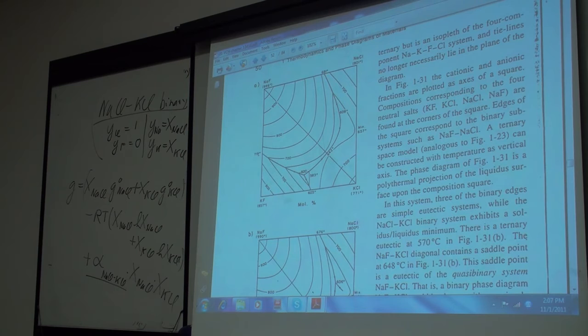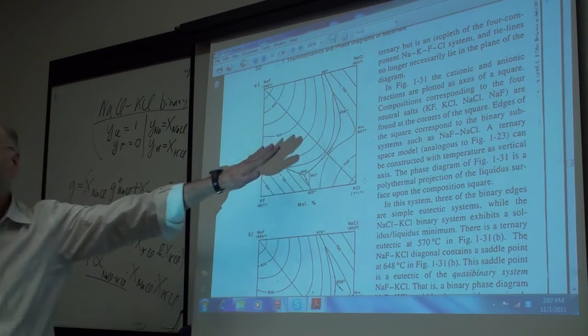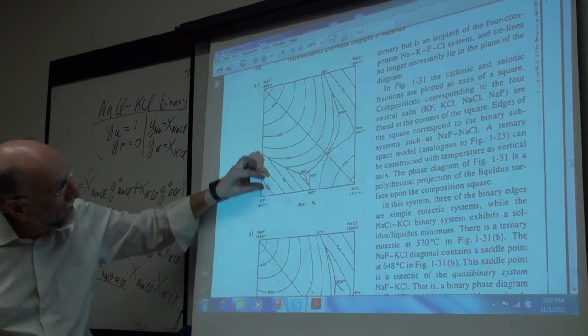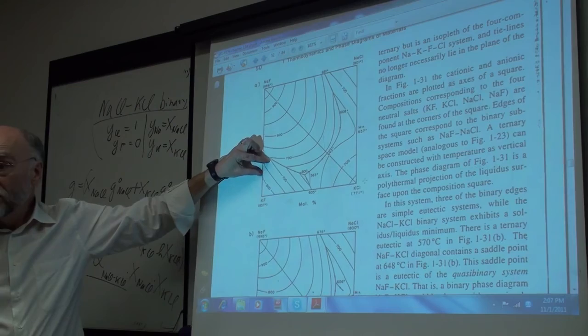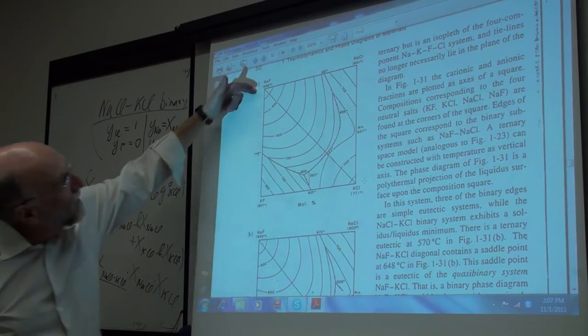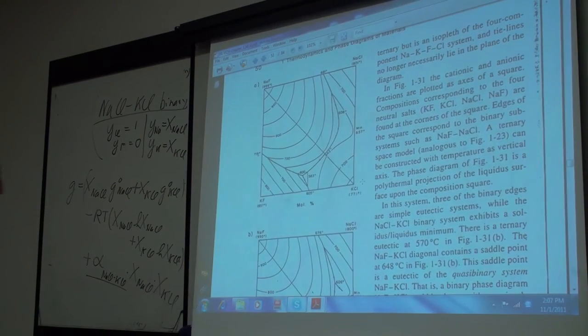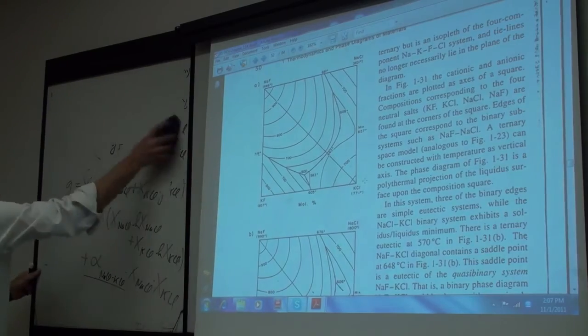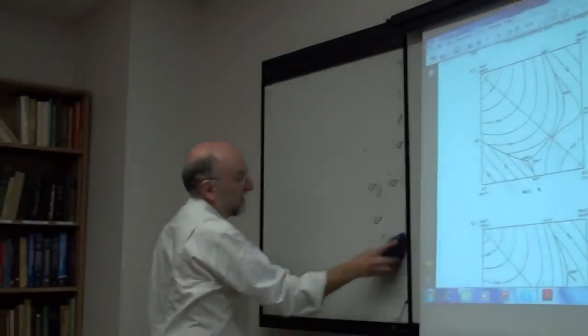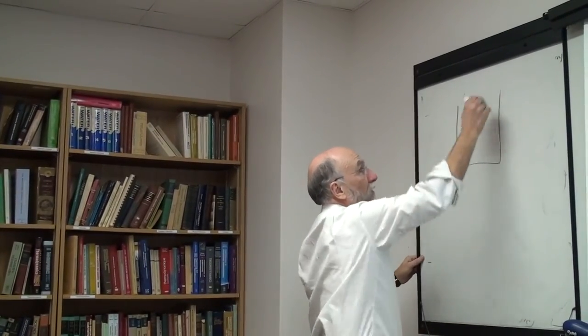Yet look along here, this is very widely spaced liquidus lines along this diagonal, NaF, KCl. The liquidus lines here are quite widely spaced. Along this diagonal, they're closely spaced. So you've got quite strong positive deviations along this line. If you were to draw the binary phase diagram along that diagonal, so let's take here, this is going along the diagonal.